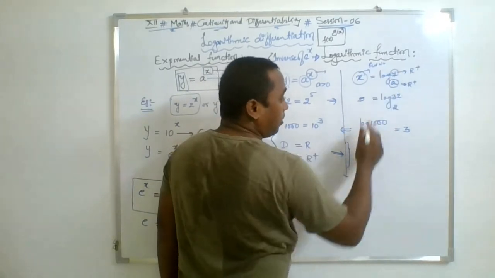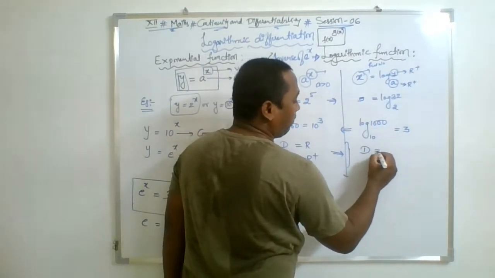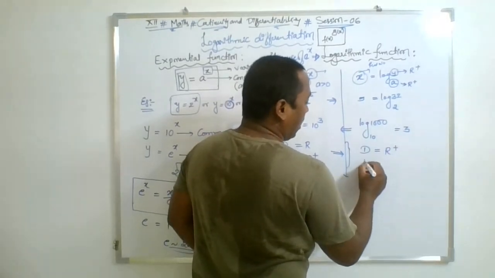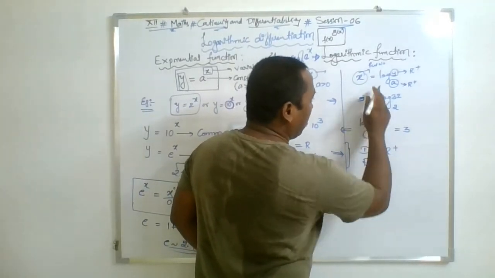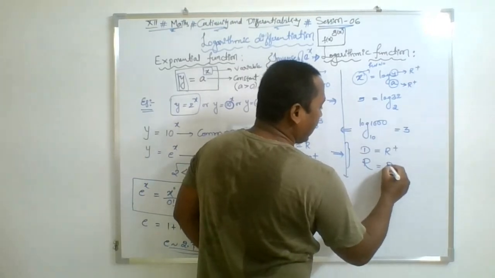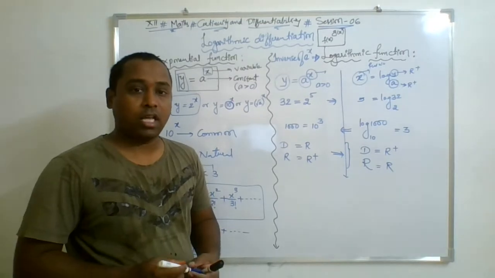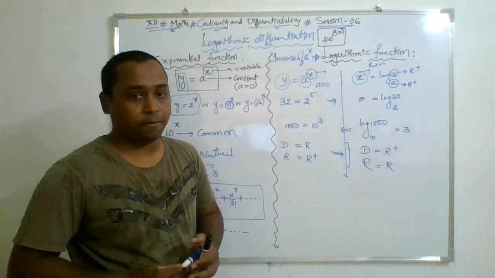Therefore, here the domain of the logarithmic function becomes what? Positive real numbers, and the range of the logarithmic function is any real number. Exactly, it is the reverse of each other, or inverse function of each other.